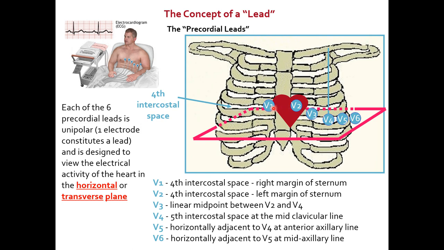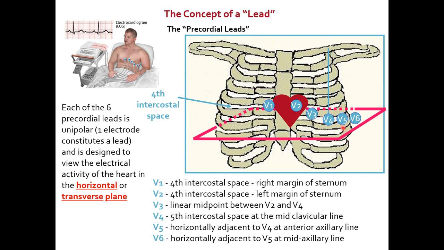The V1 is applied in 4th intercostal space on the right sternal border. The V2 is applied on the 4th intercostal space alongside left sternal border. V4 is in mid clavicular line, and between V2 and V4 is placed V3.